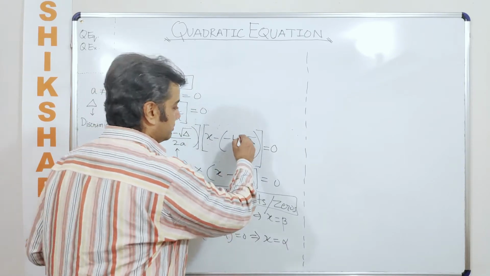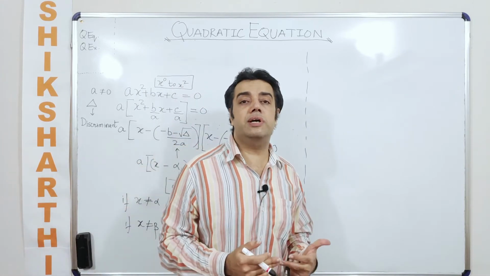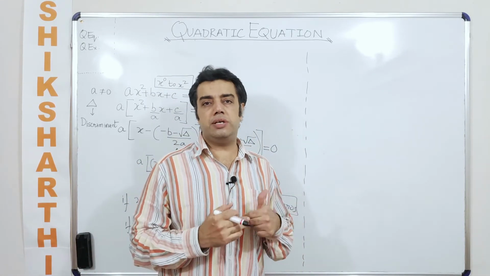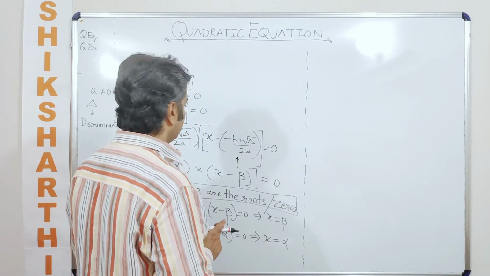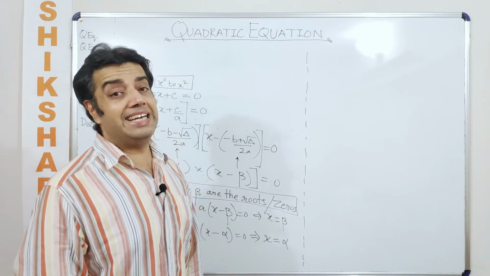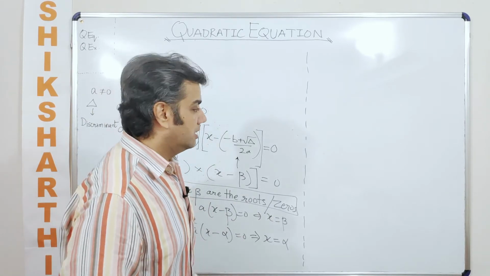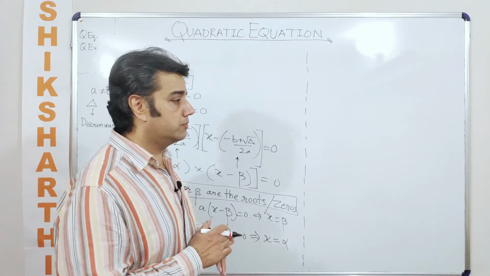The reason here is because there is an under root here. So the value of the under root decides whether it is a real value or it is not a real value, which is why the only deciding factor in terms of the nature of the roots is delta. There is nothing else which decides the nature of the roots. We'll talk about delta in a few minutes, or if not in this video, in the other video.